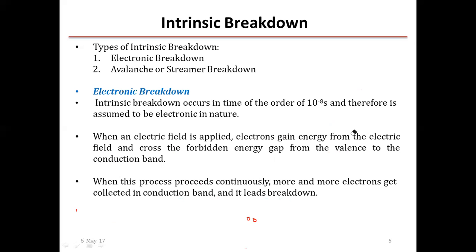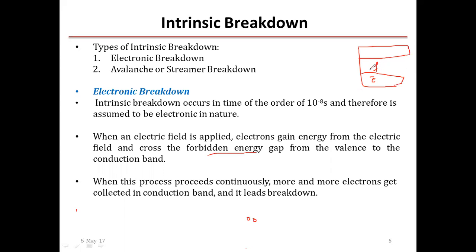When the electric field is applied, electrons gain energy from the external agency and cross the forbidden band, as we have already discussed in the midterm course on the energy band theory. Electrons are somewhere here in the valence band, and this is the forbidden band.